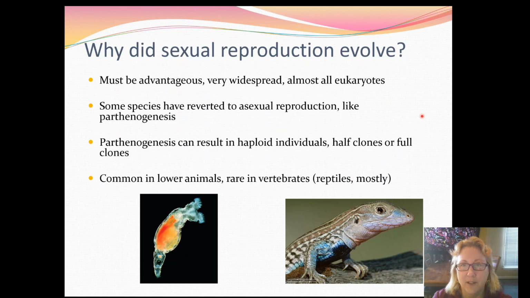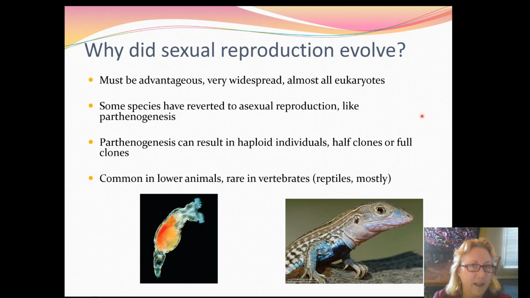So sexual reproduction evolved at least 2 billion years ago, and it's been maintained ever since, and almost all eukaryotes have sexual reproduction at least sometimes in certain environmental conditions. And some exclusively have sexual reproduction, like vertebrates. Almost all vertebrates have sexual reproduction as their only means of reproduction.